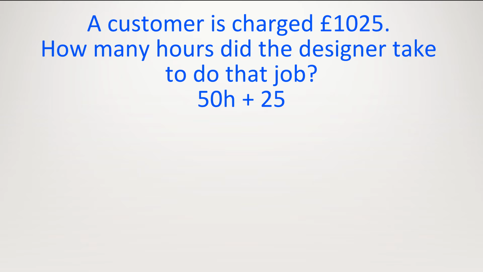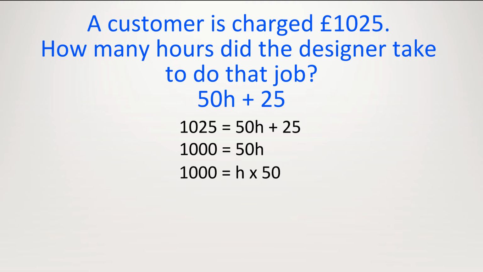Let's substitute 1,025. So we have that as the first line. Equals 50h plus 25. We have plus 25 on the right. Let's move it to the left. We do the opposite. Subtract 25. We get 1,000 equals 50h. On the right, this means h times 50.